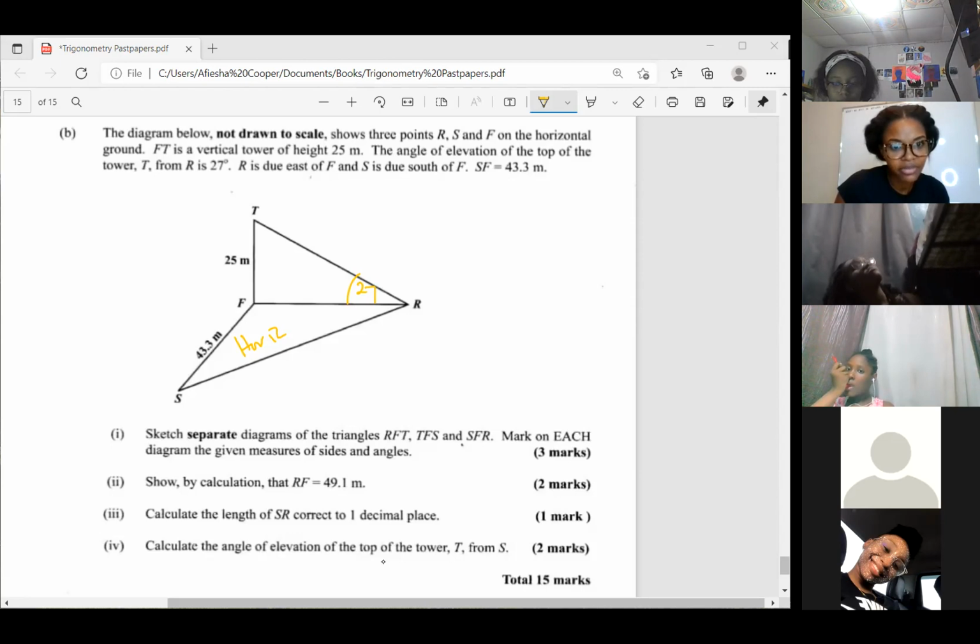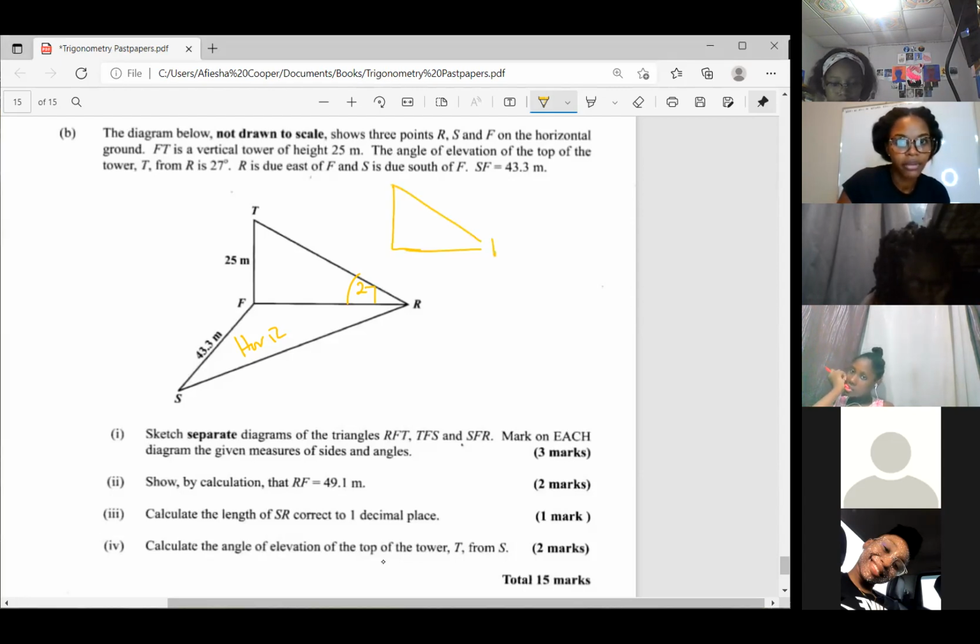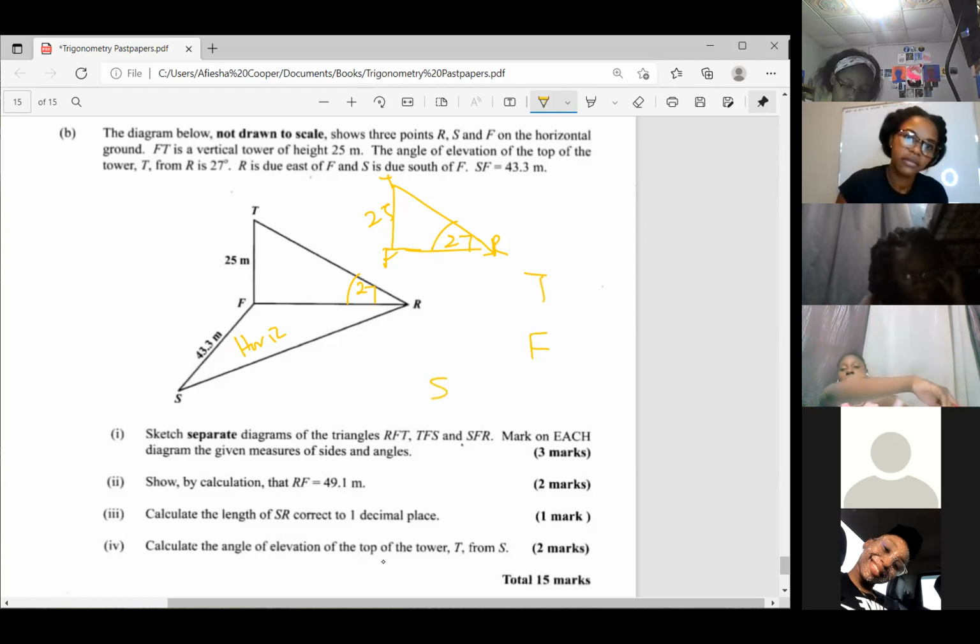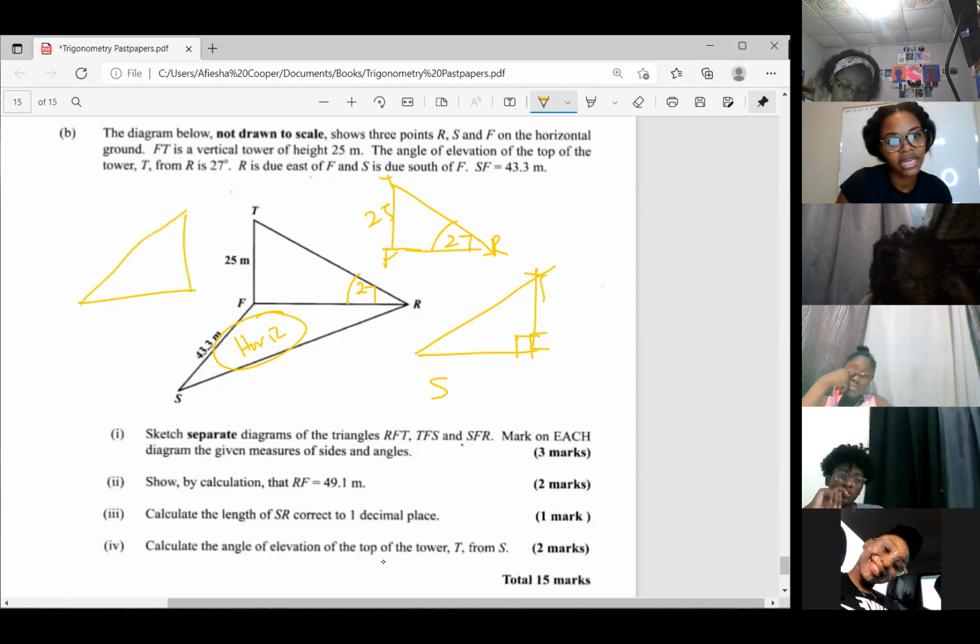Sketch separate diagrams of the triangles. So where's RFT? RFT, bam. RFT, 25, 27. Then T, F, S. This could be a right angle triangle as well. It is a right angle triangle because remember, this is horizontal ground. So this is just the ground looking like that.